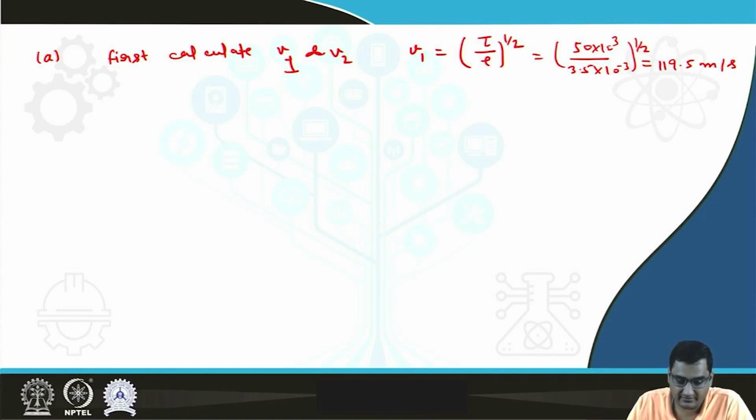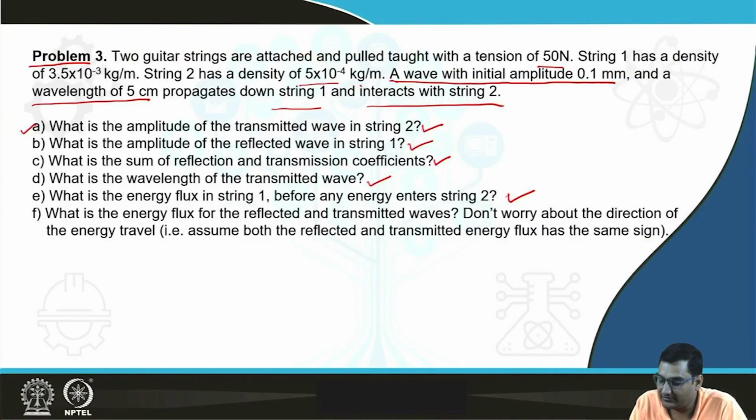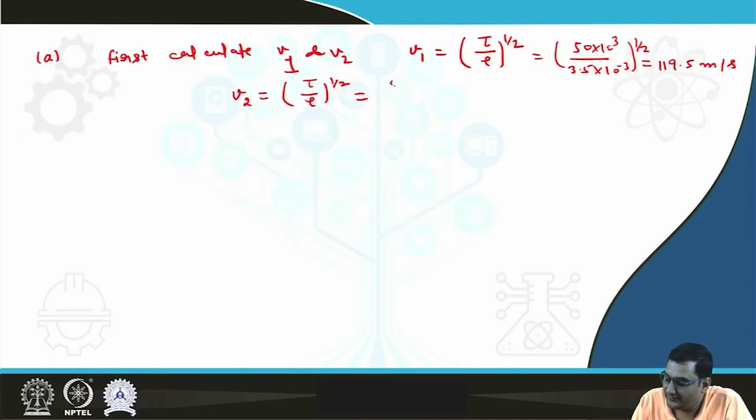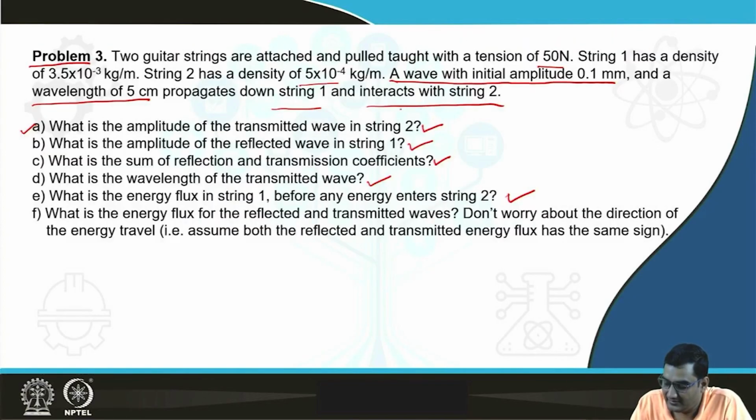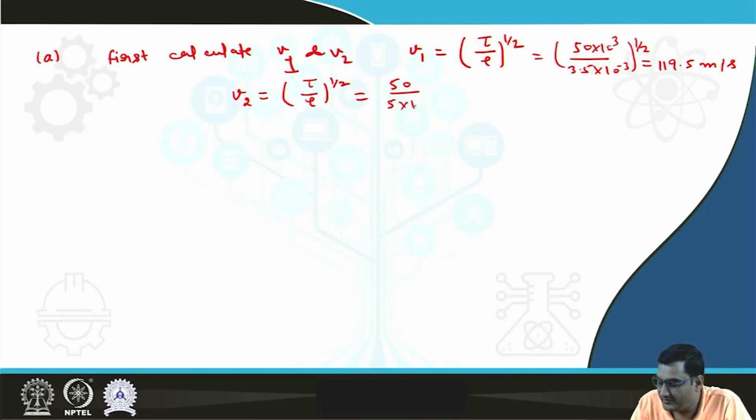Likewise, you can calculate velocity in string 2, that is V2, and that can be given by tau by rho to the power 1 by 2. You know the tau is 50 Newton and the string 2 density is given, so 50 divided by 5 into 10 to the power minus 3, to the power 1 by 2.